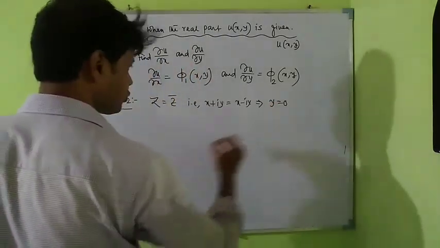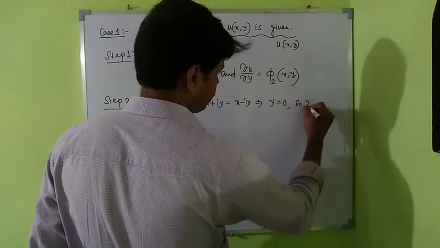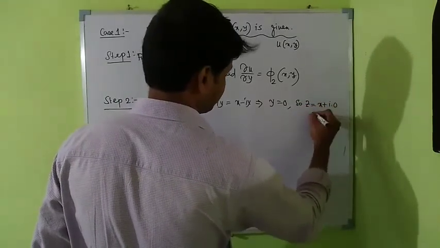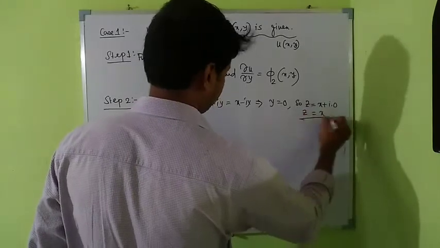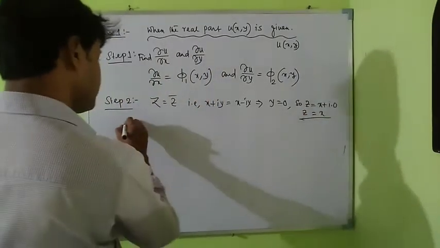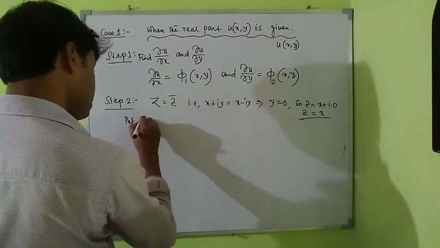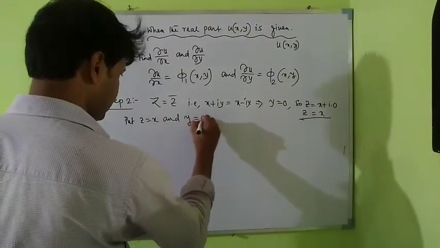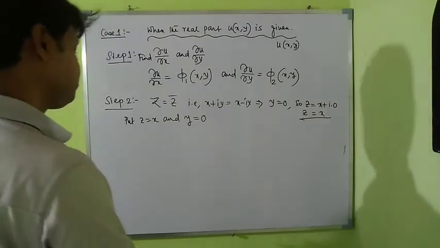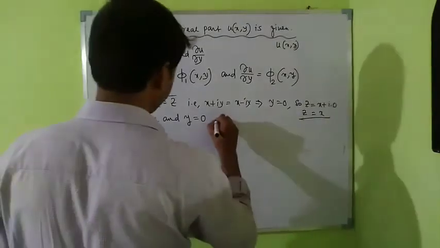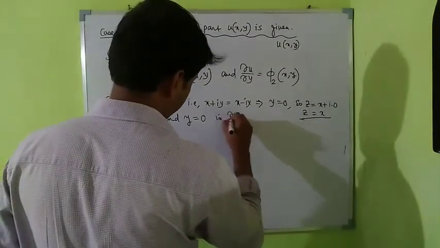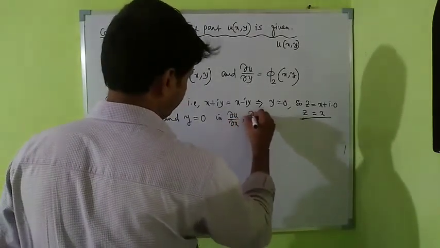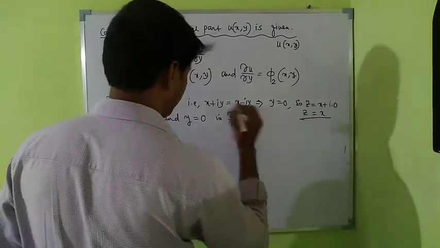So z = x + i times 0, so z = x. So here put z = x and y = 0 in del u del x and del u del y.